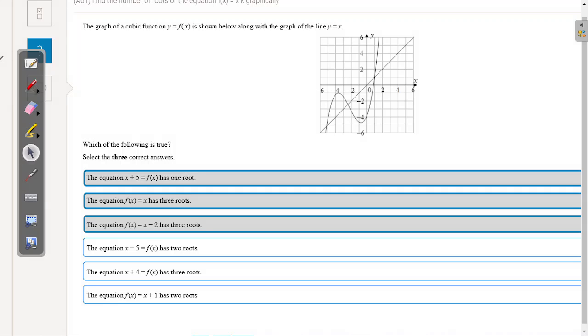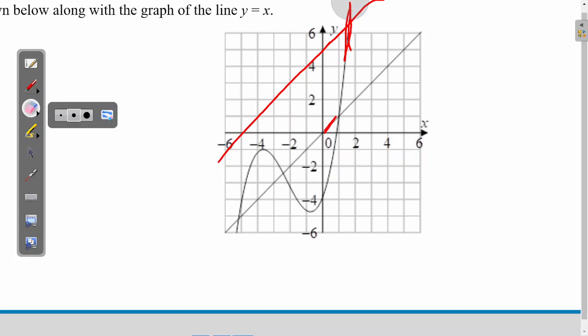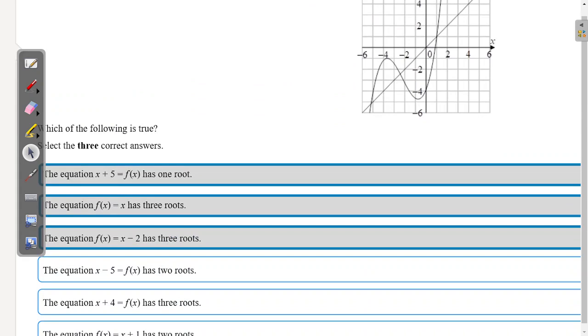So you make this straight line start at 5 like this. It intersects here at one point. So there is one root, because they're equal to each other, you want them to intersect.